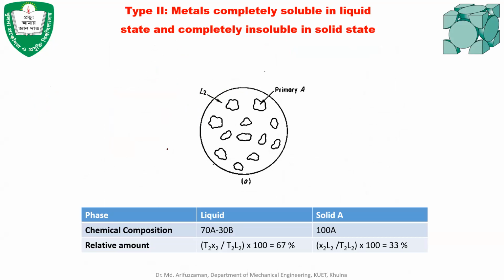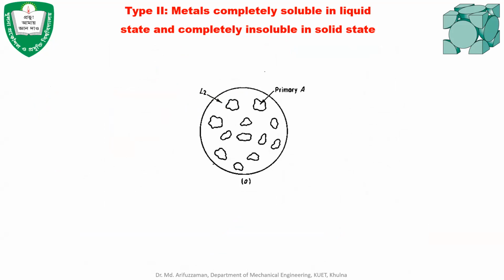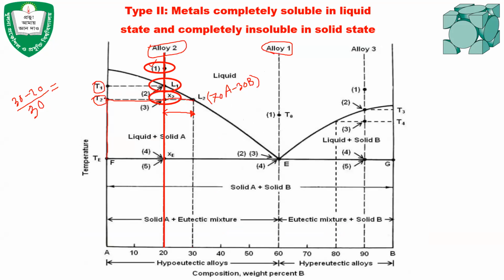That's what I have shown here: the chemical composition of liquid is 70A 30B, and the chemical composition of the solid that has been produced, which is solid A, is 100%. If we want to find the relative amount, we have to use the numerical values that I have shown you, or you can use T2X2 and T2L2, which are shown here.